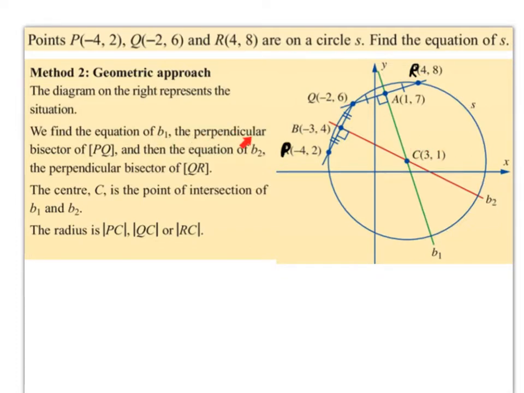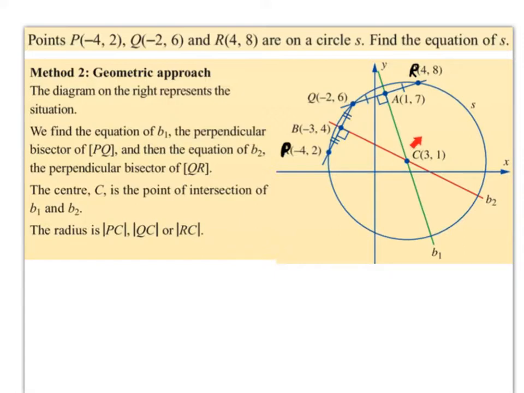Then the equation of B2, the perpendicular bisector of QR. So Q and R, the points were given to us in the question. So there's the chord QR. So the perpendicular bisector of QR is this green line. And the two perpendicular bisectors, the green line and the red line, intersect at the center, 3, 1.